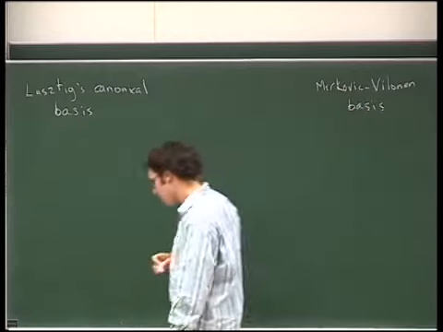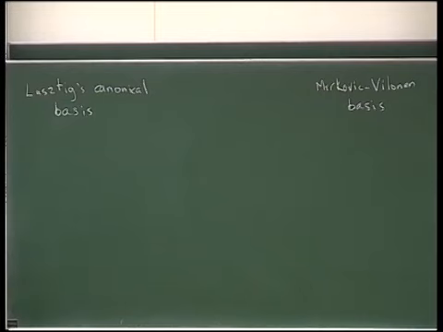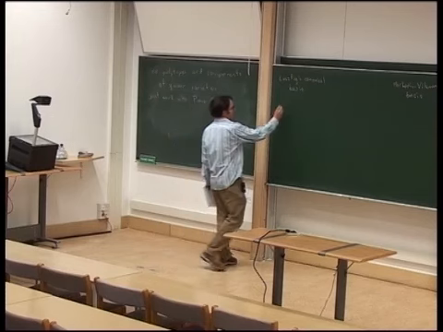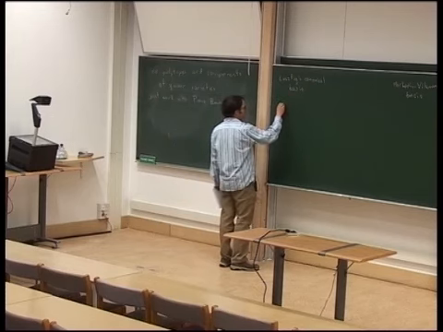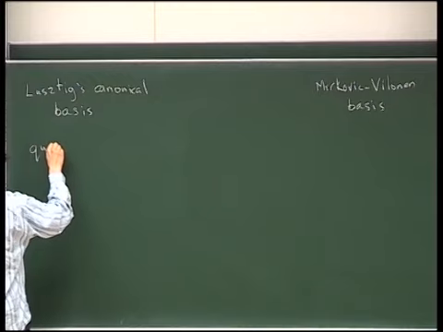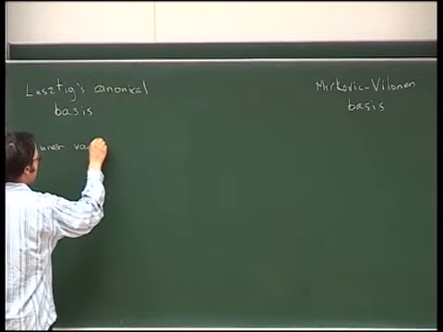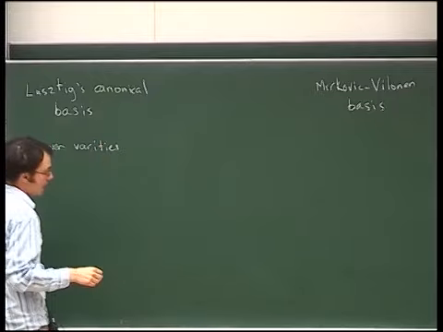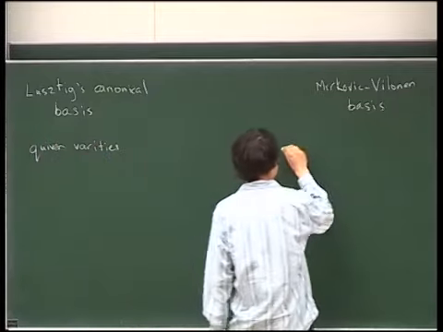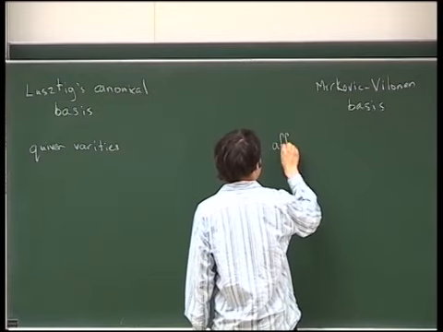Both these bases are defined using some geometry. Lusztig's canonical basis doesn't necessarily need to be defined using geometry, but let's say it's defined using the geometry of quiver varieties. And the Mirkovic-Vilonen basis is defined using the geometry of affine Grassmannians.